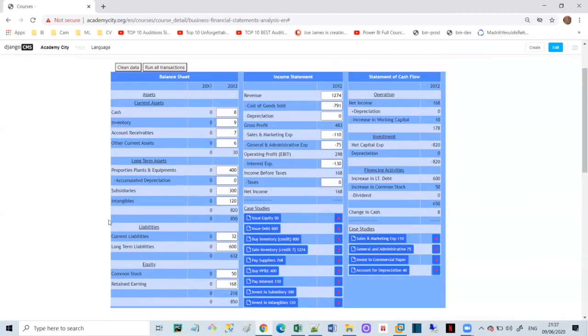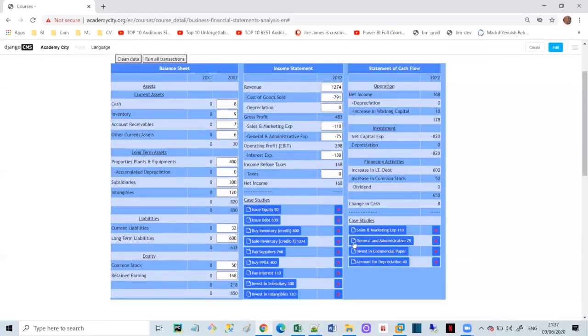See, my profit was 168. So when I'm doing the depreciation, the asset goes down by 40. Going down here, it means the profit went down, but it has no effect on the cash. So eventually, I should not really have any effect on the bottom line on the cash.